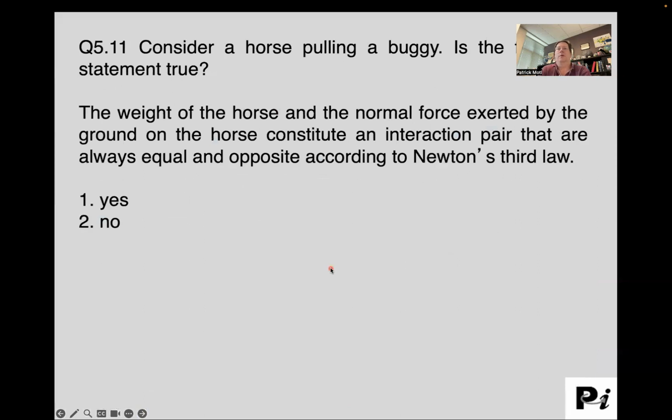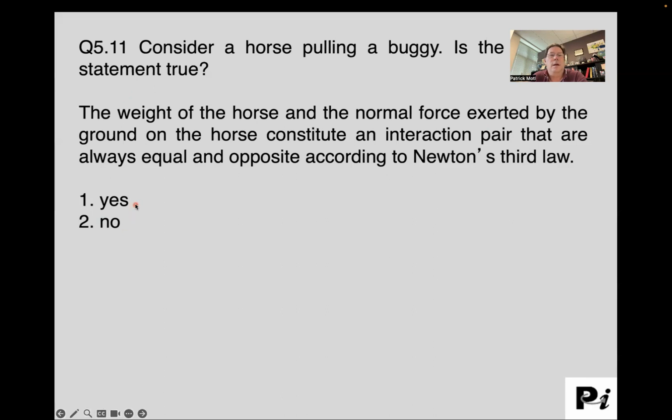Let's try another one. Consider a horse pulling a buggy. Is the following statement true? And this winds up sounding a little bit like a Dr. Seuss thing. But forgive me. The weight of the horse and the normal force exerted by the ground on the horse constitute an interaction pair that are always equal and opposite according to Newton's third law.